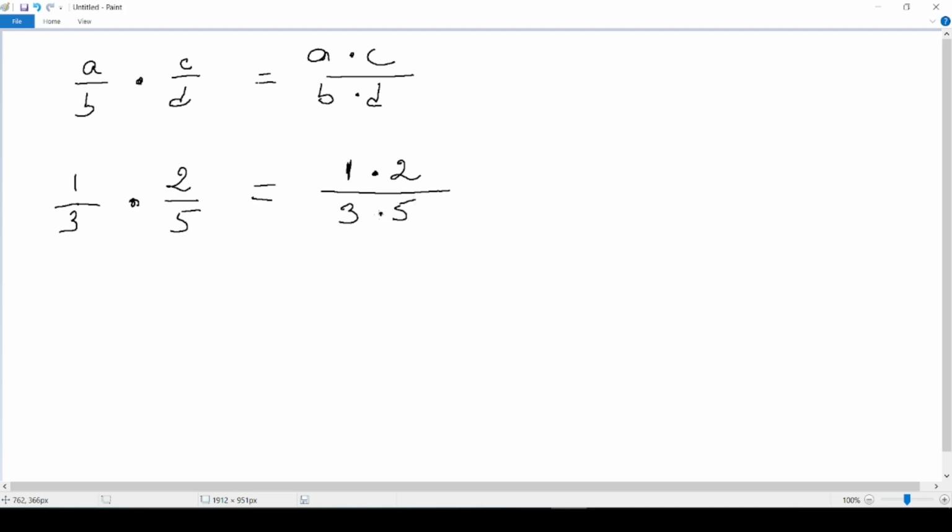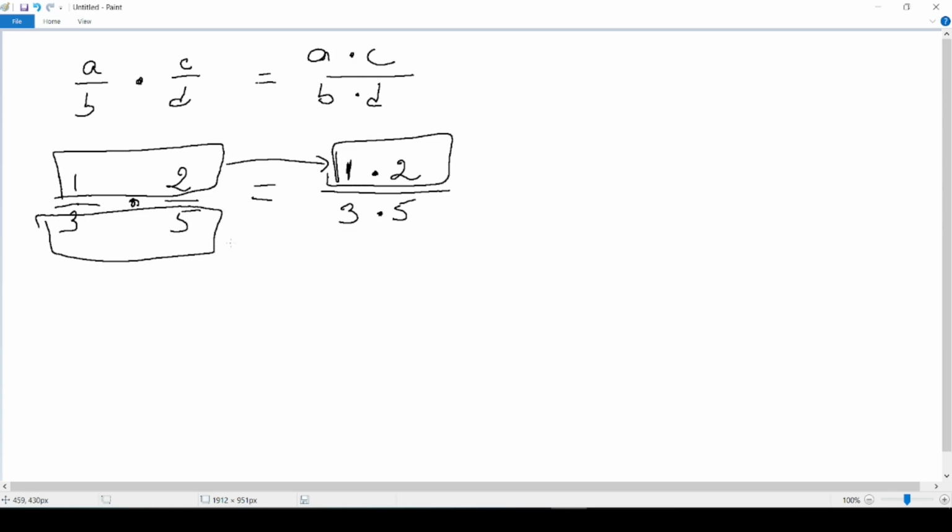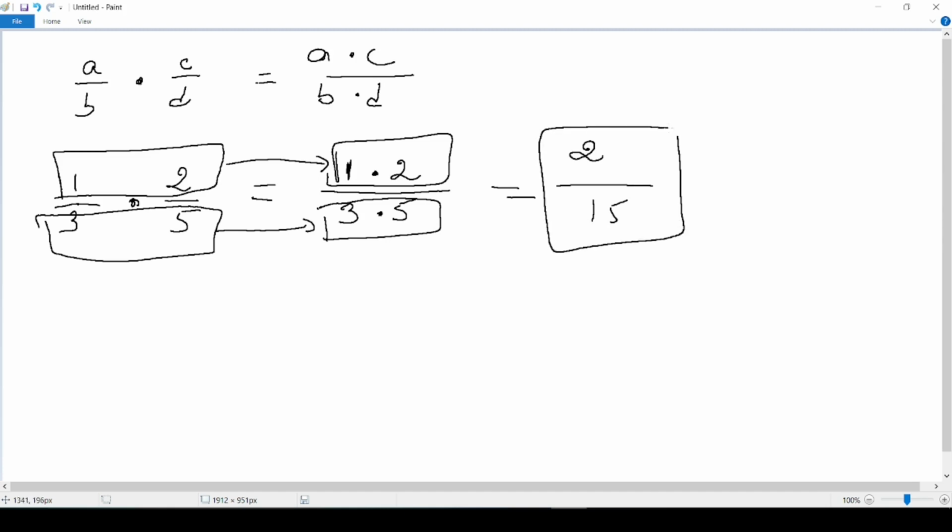So we take the numerators, we multiply them, and we have this. And then we take the denominators, we multiply them, and we have this. And our final result will be 1 times 2 is 2 over 3 times 5 is 15. So 2 over 15 is our final result.